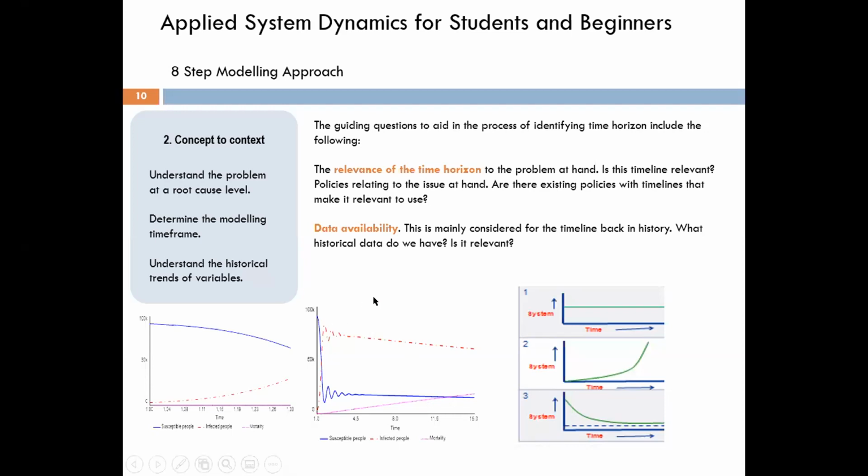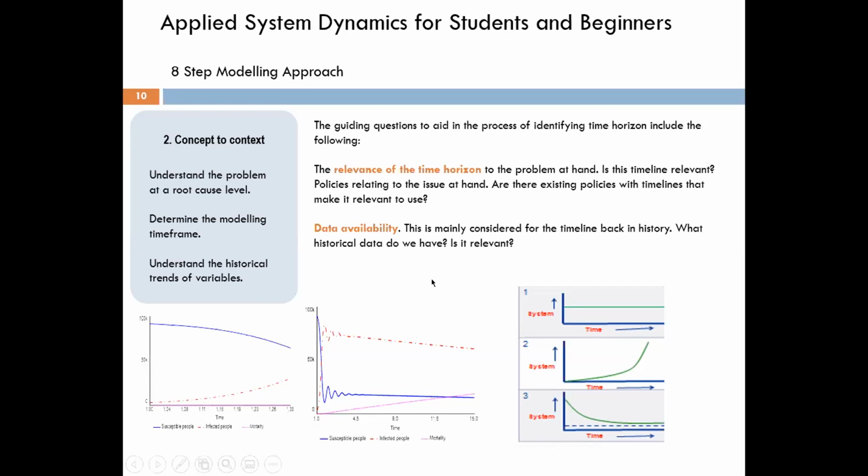The other thing to remember is that when you choose your time frame, so if something starts from 2015, how many years of data would you have to use as historical data in your model? For example, let's say you're looking at population growth.